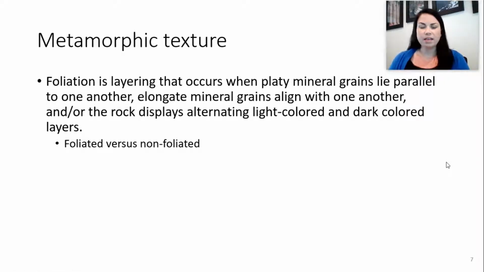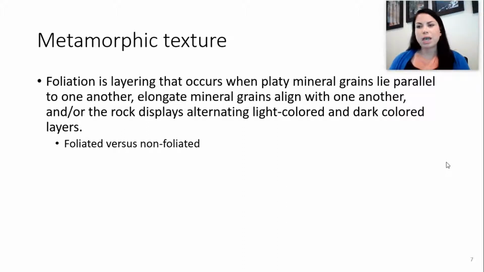Like I showed in that example, we have different textures and different layers that are associated with metamorphic rocks that are definitely distinct from other types of rock. And we describe that with the word foliation. Foliation is layering that occurs when mineral grains lie parallel to one another and elongate mineral grains are aligned with one another, or the rock displays alternating light colored and dark colored layers.